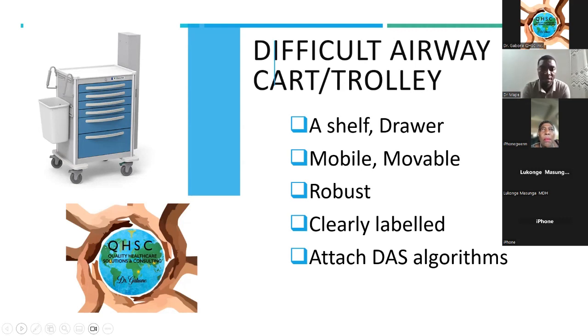Clearly labeled, so every drawer should be labeled with what is in it. Also, the algorithm for difficult airway developed by the Difficult Airway Society should be attached to this trolley, so it could guide you in a difficult airway situation, like the algorithm we saw in the last slide. Okay, next we can continue.